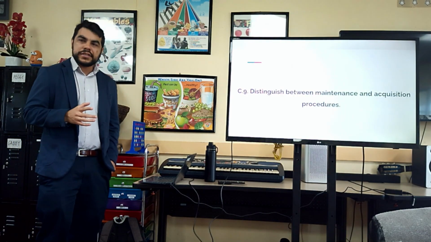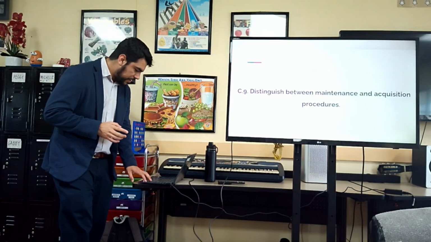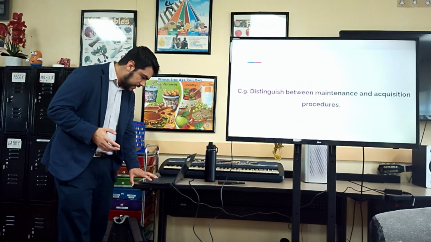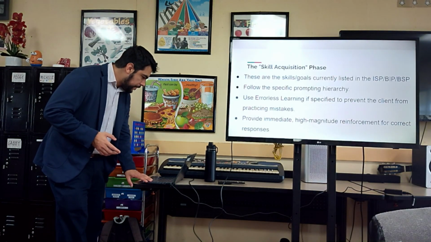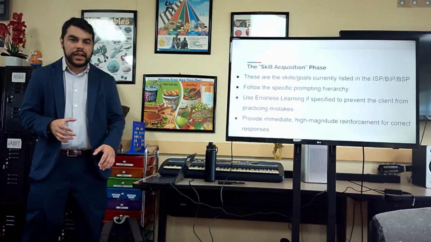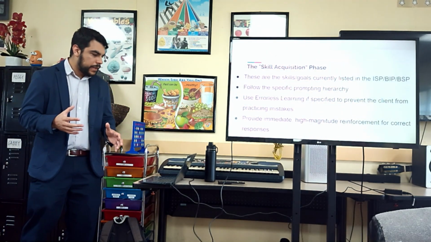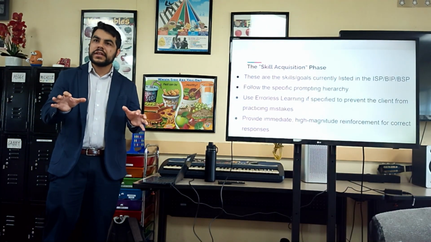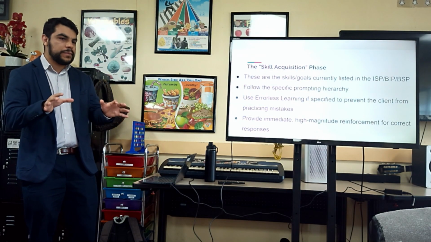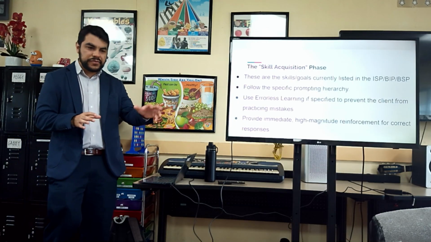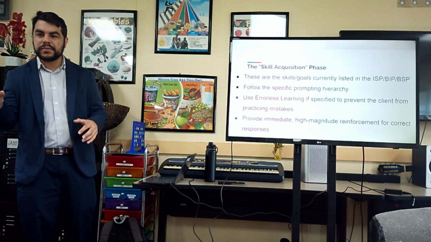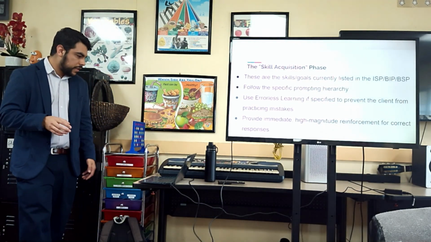This one's pretty short and simple, pretty cut and dry. This is just about acquisition and maintenance procedures. So we can kind of think of there being two main phases when it comes to providing intervention. There's the acquisition phase, that's where we're building up the skill, and then there's the maintenance phase where we're maintaining it.